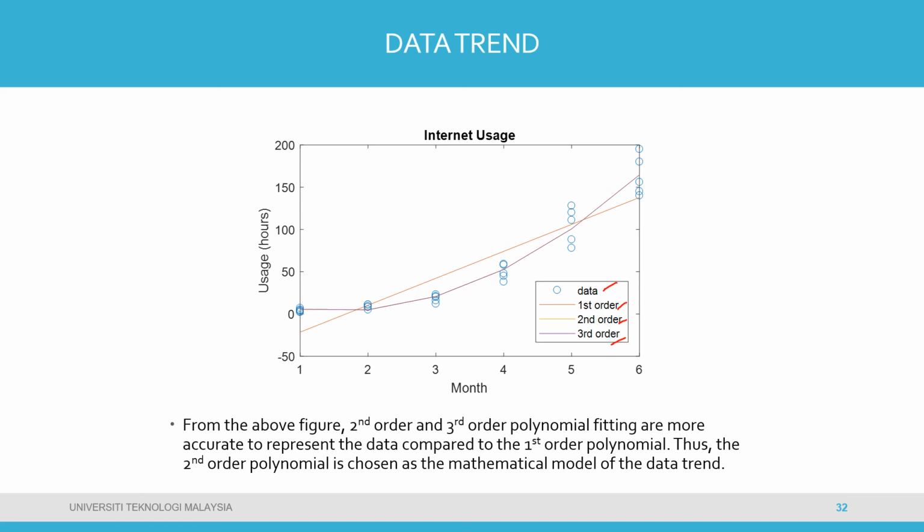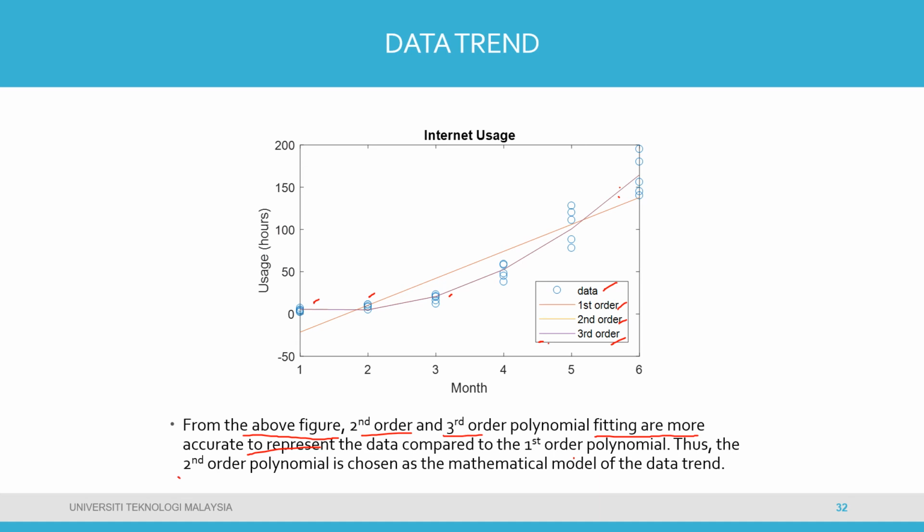The first order, and the second order also still does not follow the data, but the third one is much more accurate. See here, in the above figure, the second order and third order fittings are more accurate to represent the data compared to the first order. Maybe the first and second are in the same location, so that's why you cannot see it.